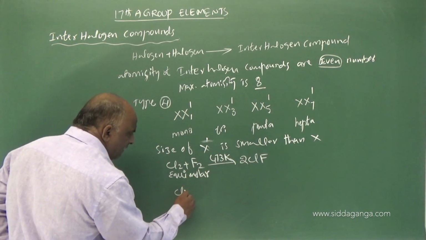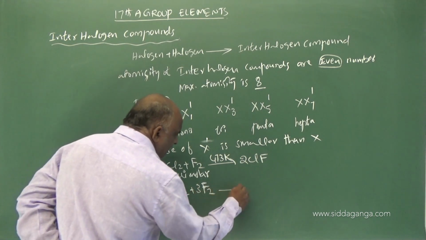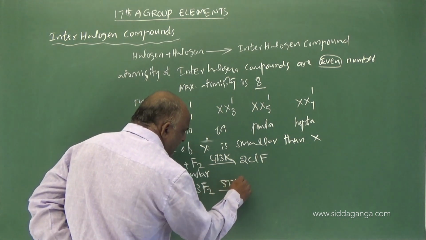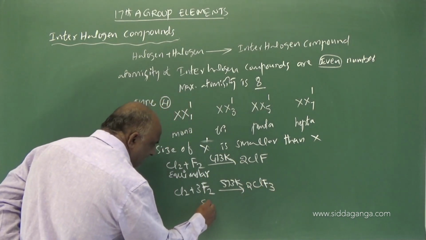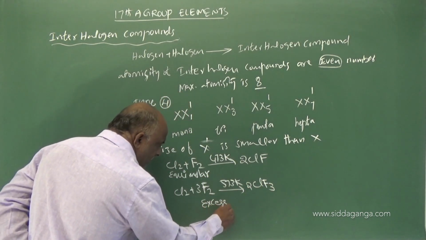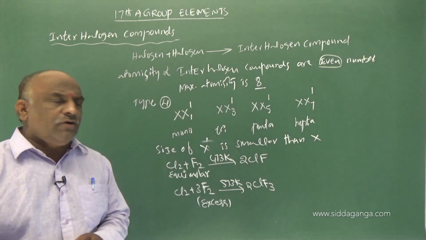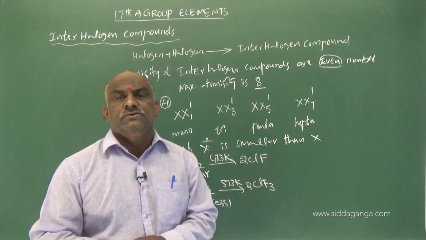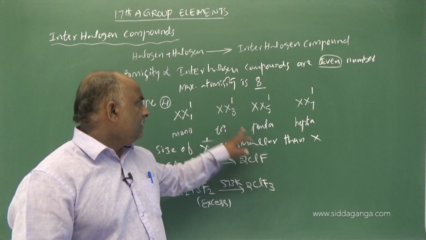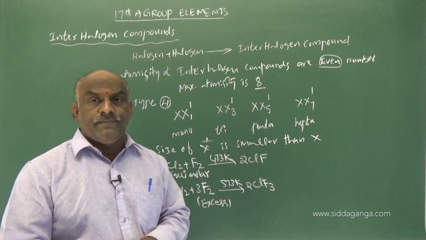Same reaction: Cl2 plus 3F2 at 573 Kelvin gives rise to 2ClF3. Here fluorine is in excess. Excess fluorine reacts with chlorine at 573 Kelvin, giving chlorine trifluoride, this category. Chlorine monofluoride, this category.